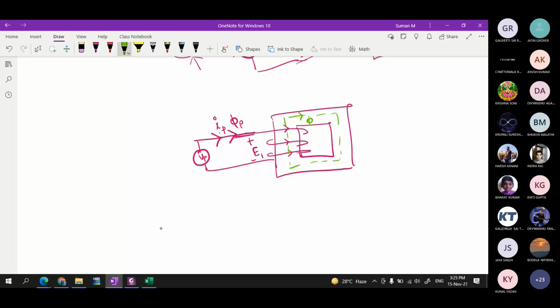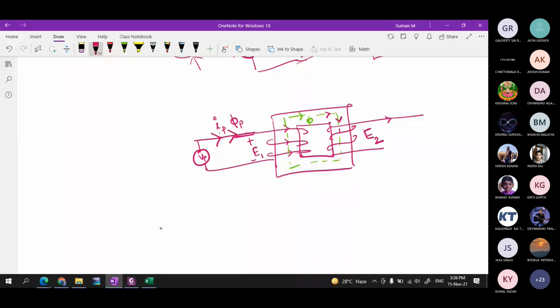Now if this flux is linking another coil, then since it is an alternating flux, it will induce some EMF, that is E2 here. The polarity of this EMF is again decided by Lenz's law.